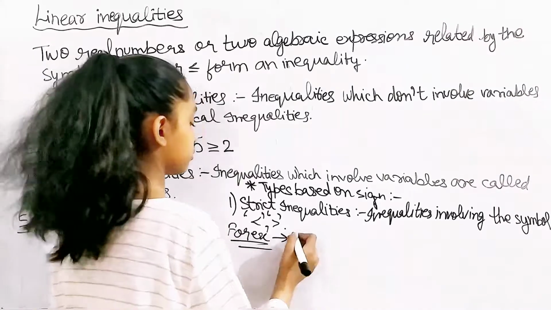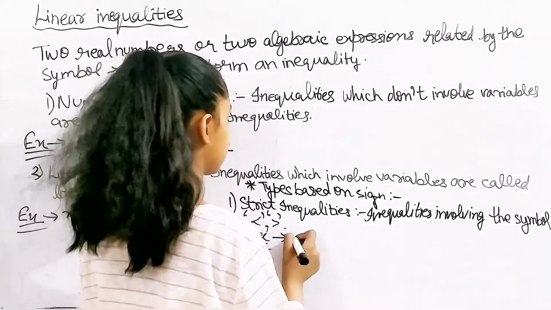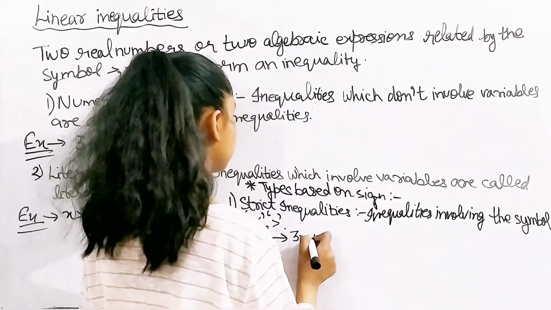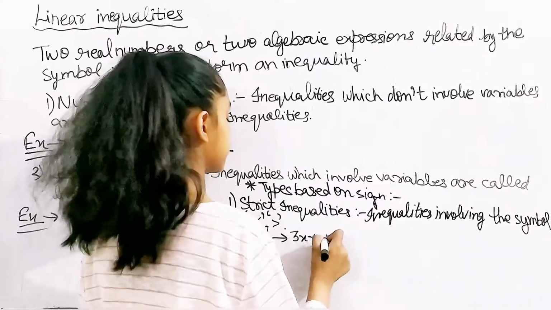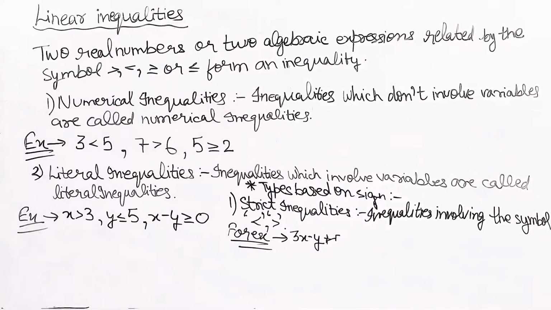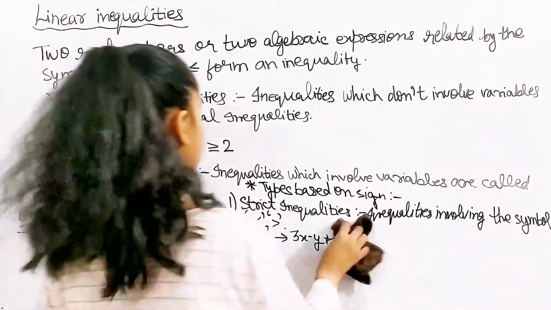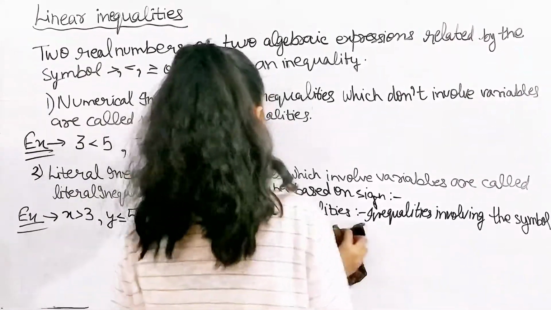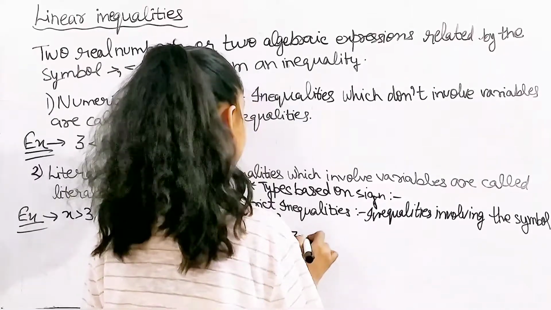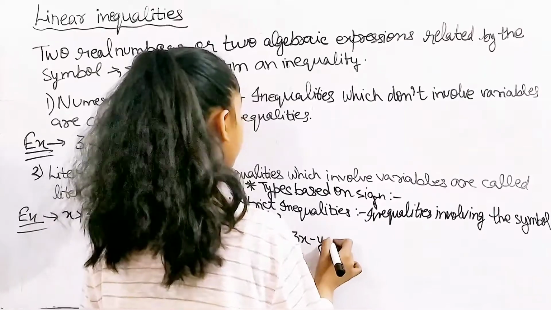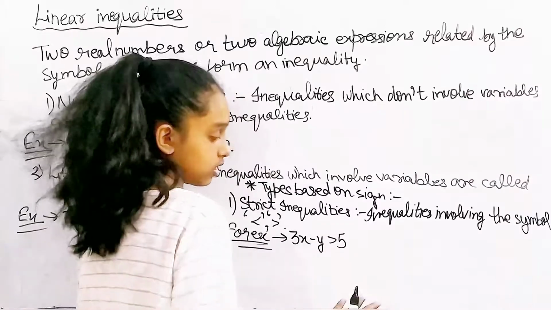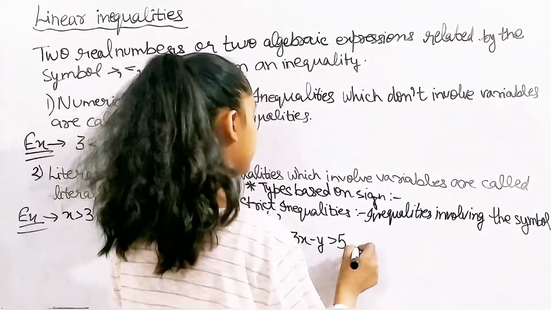But before moving on to slack inequalities, let's write some examples. 3x minus y greater than 5. Let's take another example.